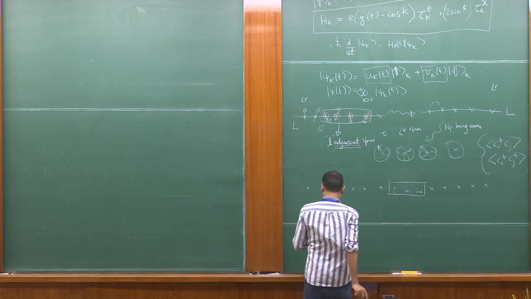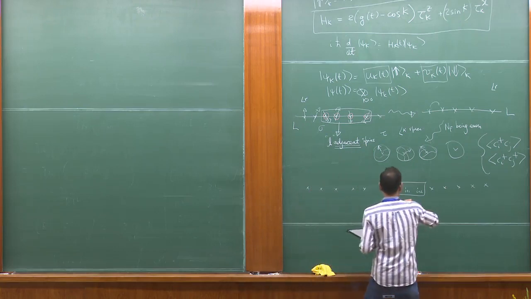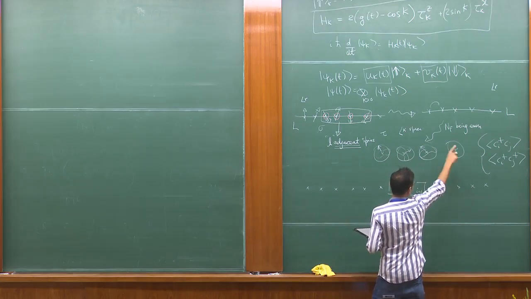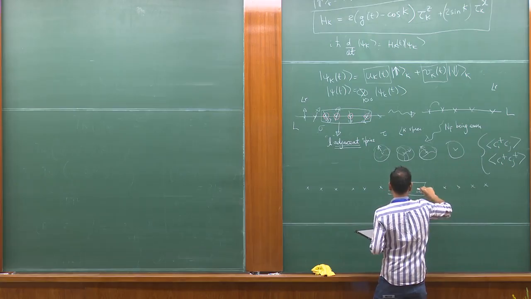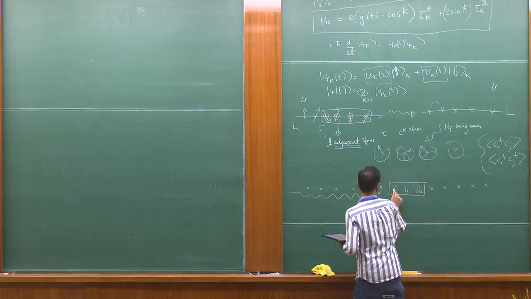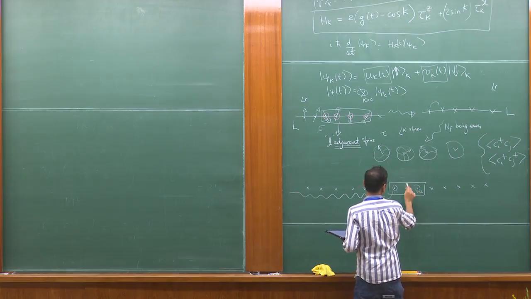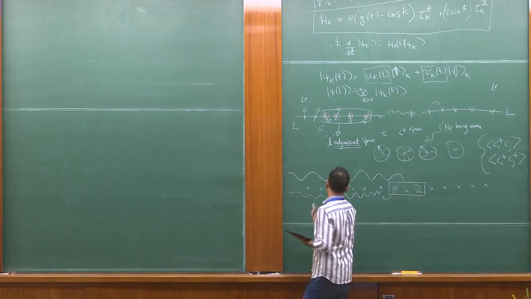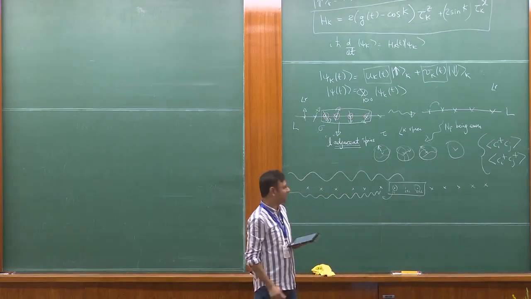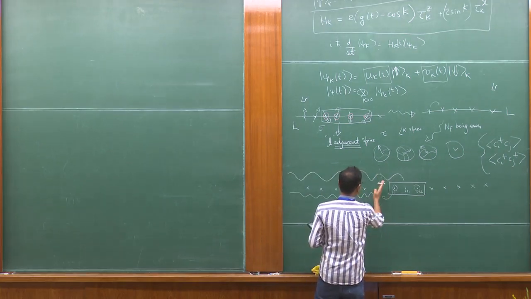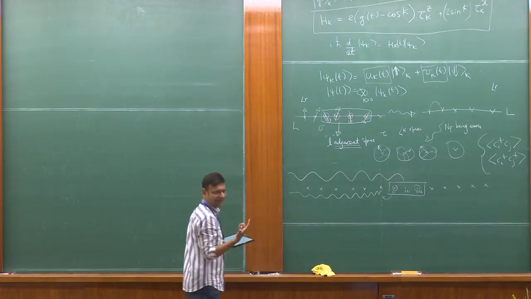So why does this thing save us? Suppose I am looking at this spin. There are only 2-point correlations which are important, and let's say I'm looking at that spin, right? The Jordan-Wigner string of the ith spin is like this. The Jordan-Wigner string of this spin is like that, right? But now if you're concerned with only 2-point correlation functions, look outside this subsystem. The Jordan-Wigner string has pairwise cancelled off.